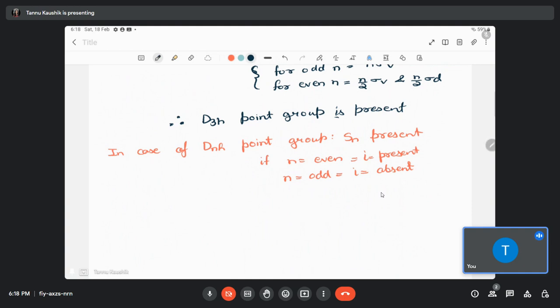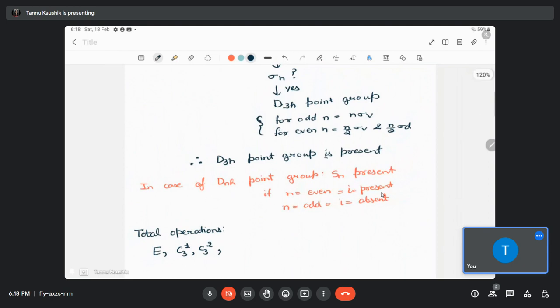So what are the total operations which will be present in the molecule? We will have the identity operator, C3^1, C3^2, then 3C2, 3 sigma v, S3^1, S3^2.